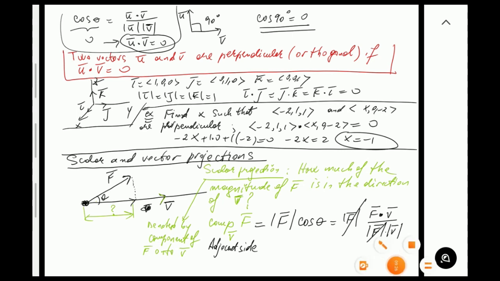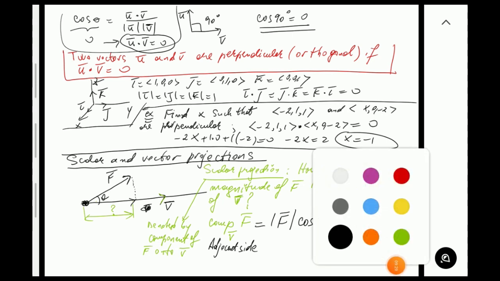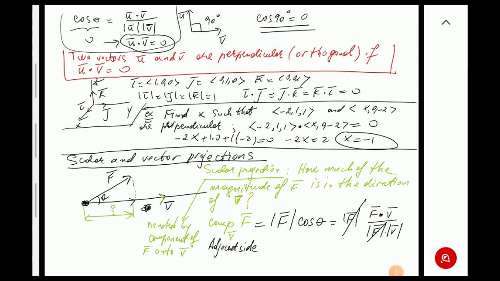Let's write it here in red. That the component, the scalar projection, the component of the force or the vector F onto V is F dot V over the magnitude of V. So I'm going to actually write it on the second page as well, and then we can go over some examples.